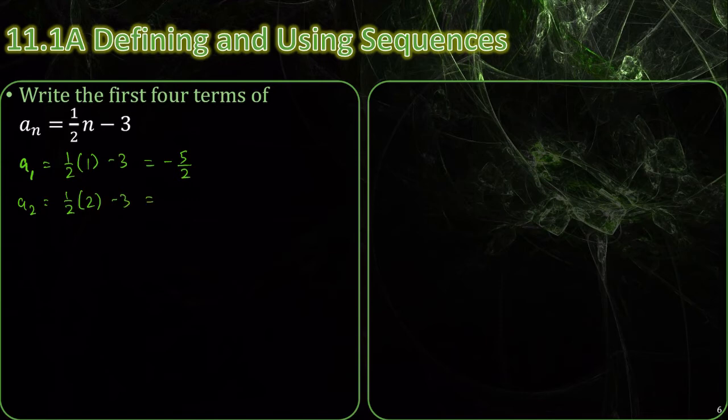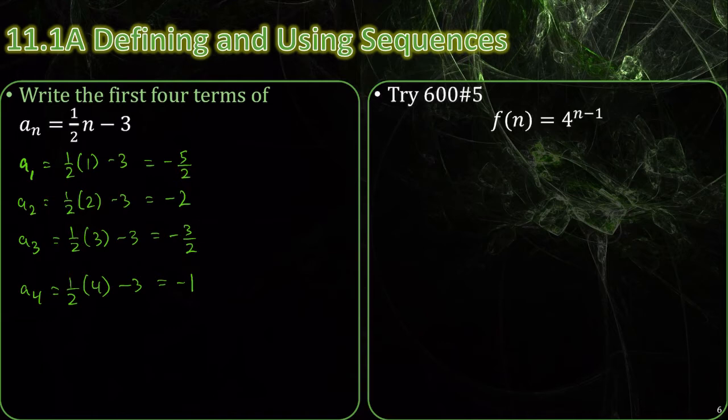That would give you 1 minus 3, which is negative 2. a_3, plug in a 3 for the n. So it gives us 3 halves minus 3, which is negative 3 halves. And a_4, plug in a 4 for the n, so it's a half of 4 minus 3. 2 minus 3 is negative 1.